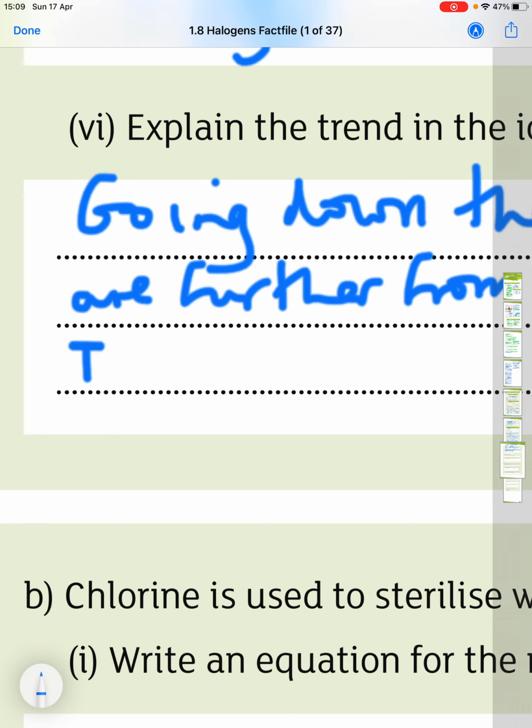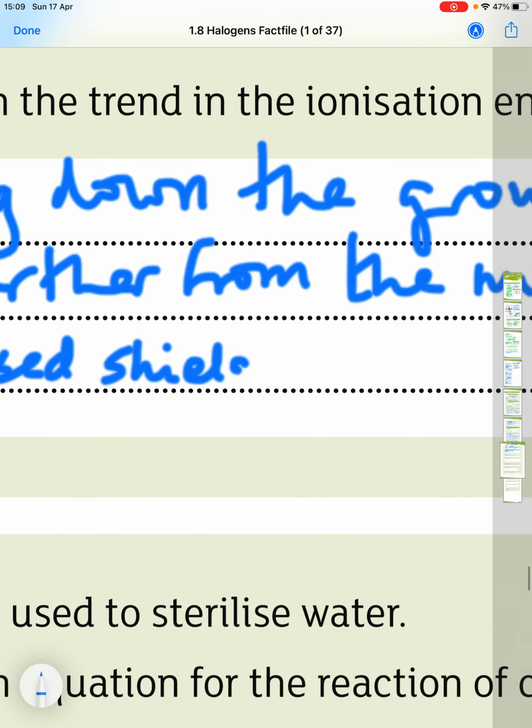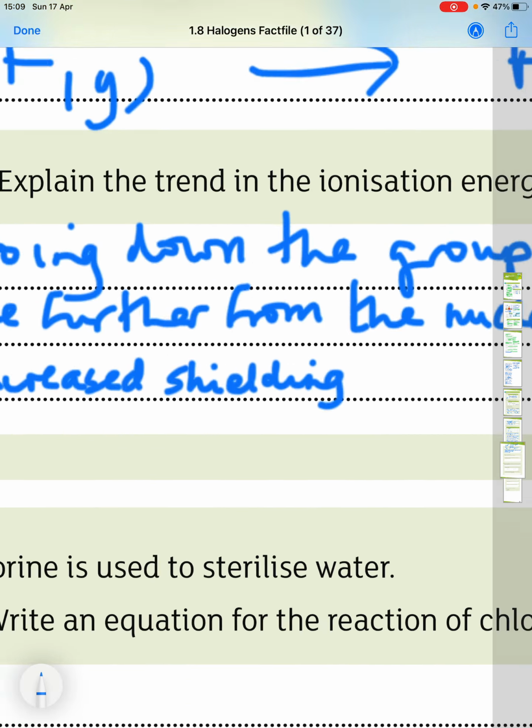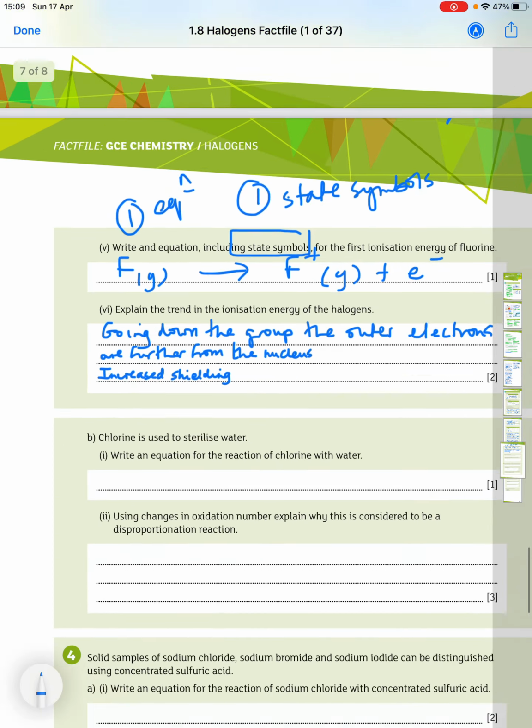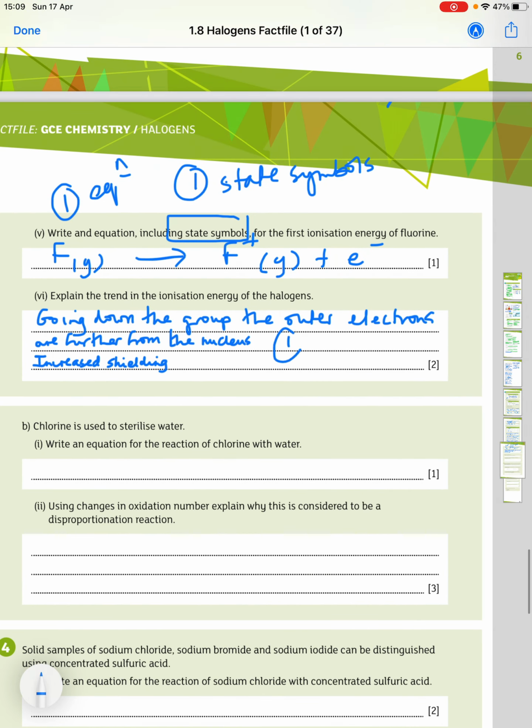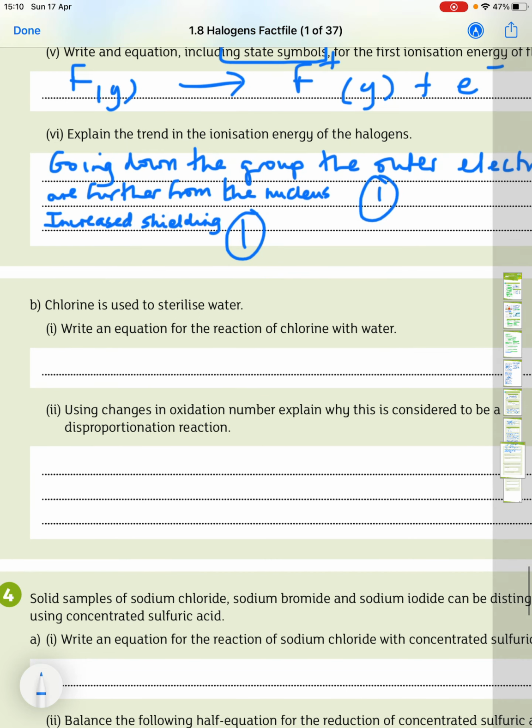And you also want to mention that there is increased shielding, and that's from the inner electrons. So 1 mark for each of those points there. 1 mark for the outer electrons being further from the nucleus, and the 2nd mark for the increased shielding.